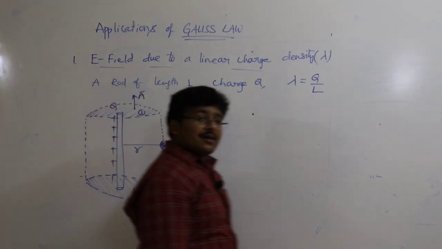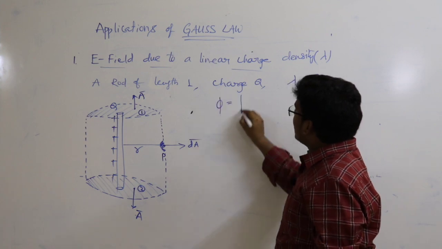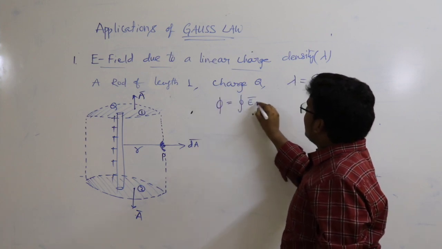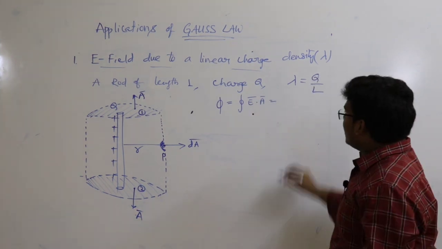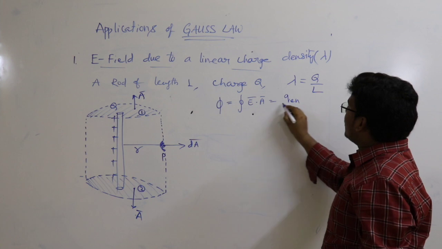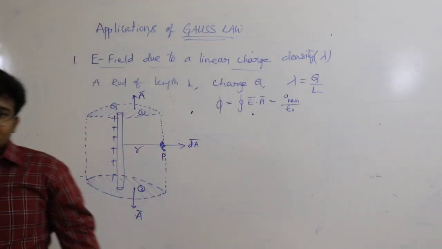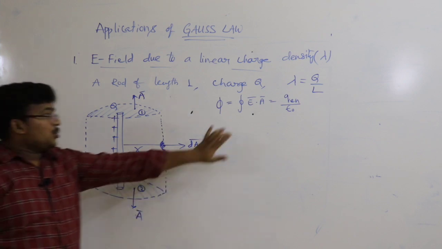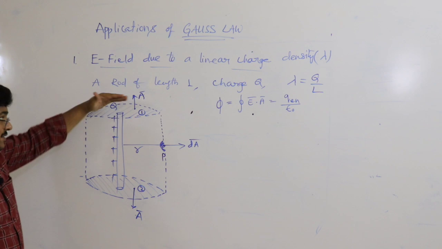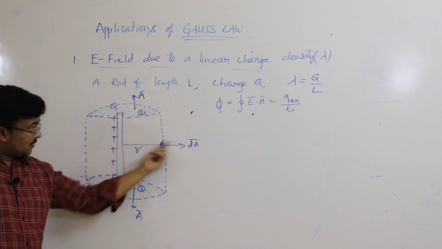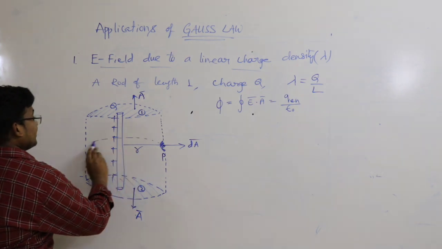So what is the Gauss law? Gauss law is nothing but flux is equal to the closed integral of E bar dot A bar, which is equal to the charge enclosed by epsilon naught. Here we need to integrate the field over three surfaces, because there are two flat surfaces and this curved surface, okay. This curved surface I will take like this.